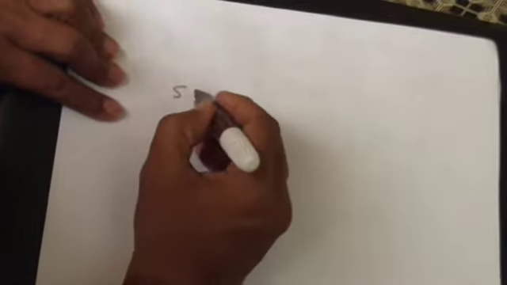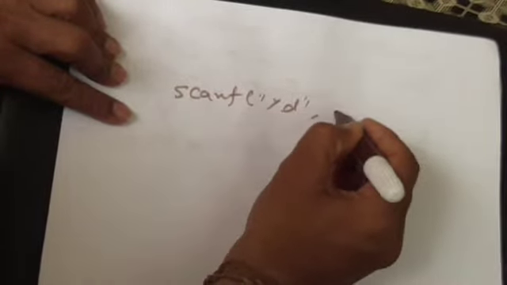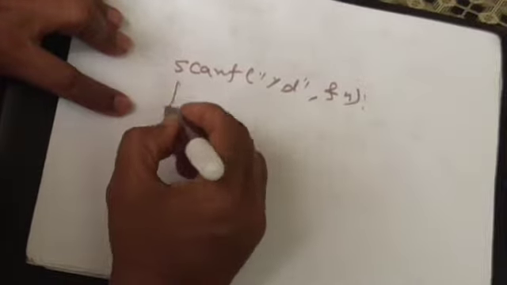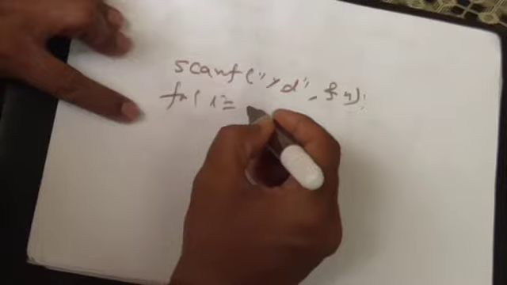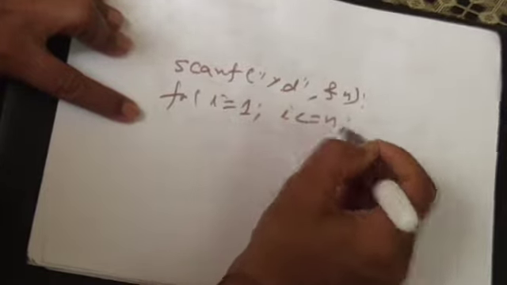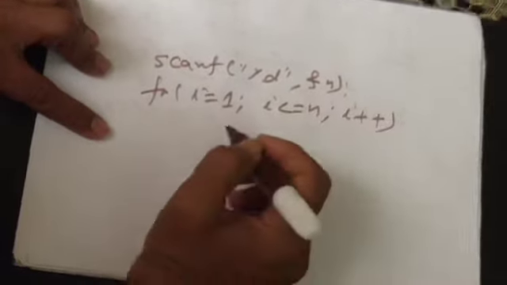First you need to prompt for entering the value of n. Then you have to start beginning with 1 and include the number n in the loop.